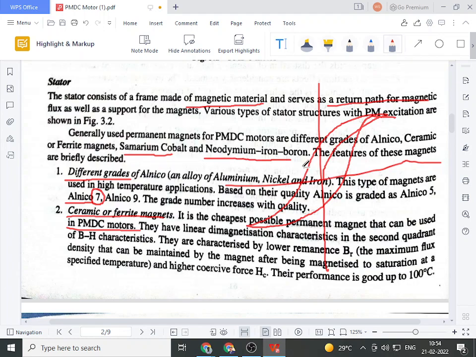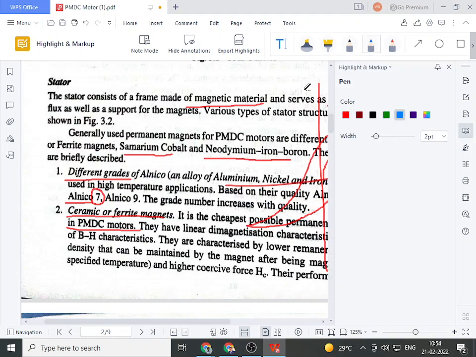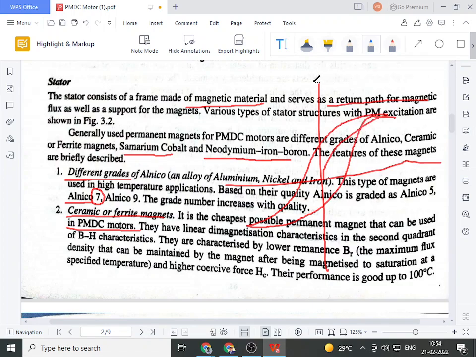This is the second quadrant of the BH curve, and permanent magnets always have their BH curve characteristics in this second quadrant. Such characteristics depend upon the type of magnet.